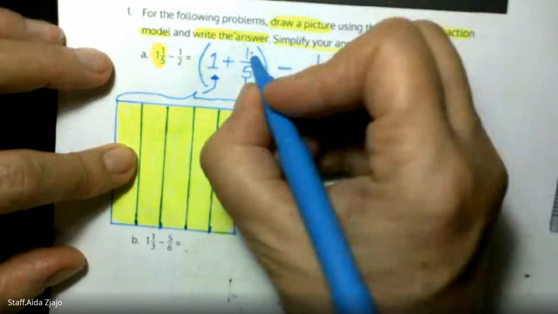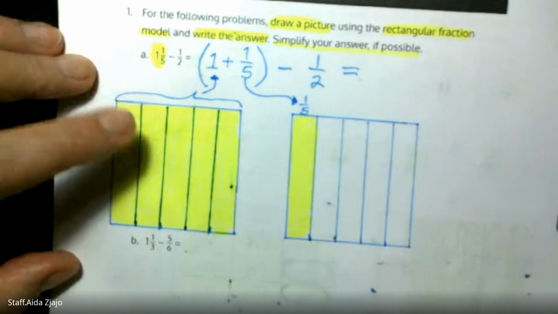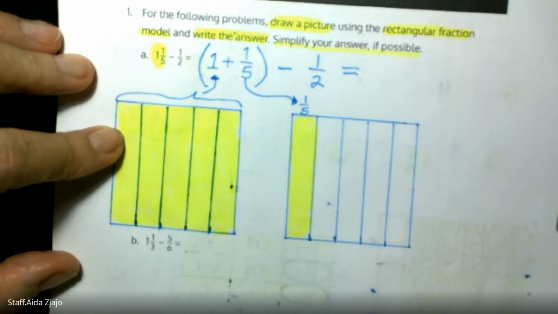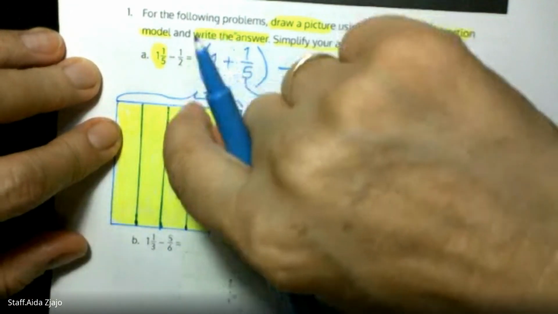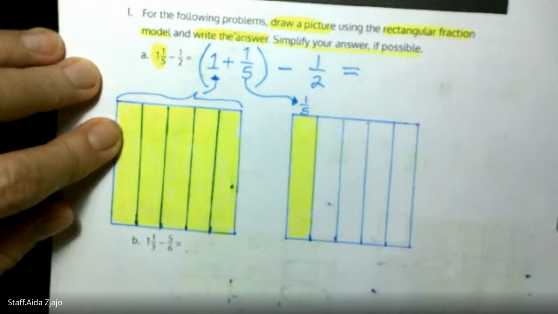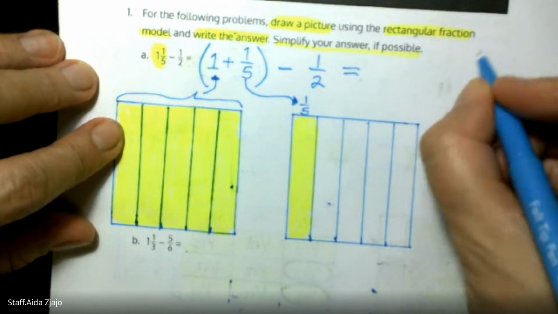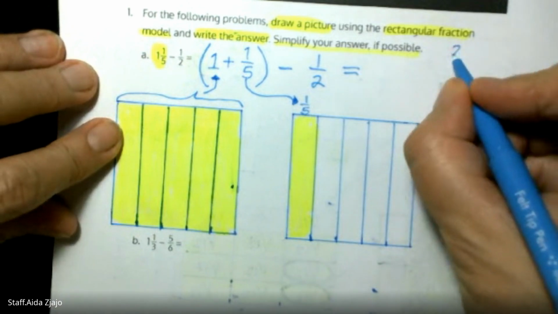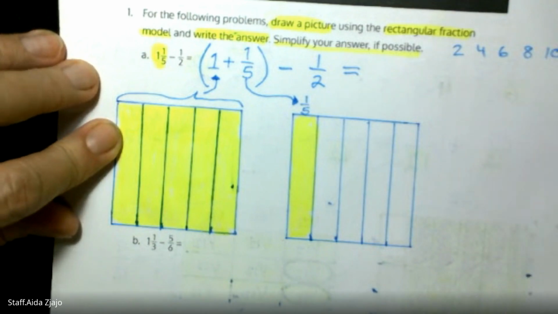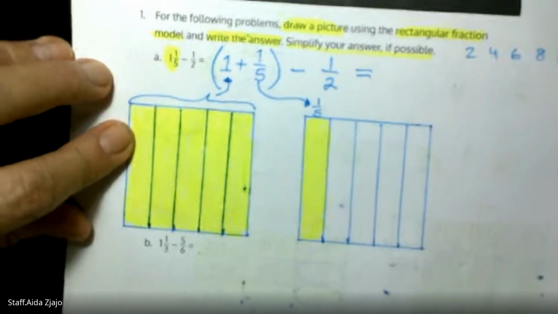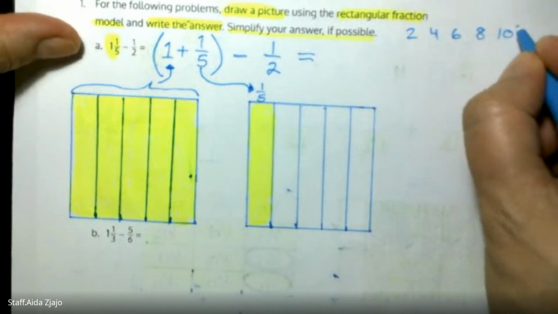So now I need to figure out how much is a half of the whole. I can think about this as 2.5. This is a half, but that does not tell me exactly. So I'm going to think, if I skip count by 2, 2, 4, 6, 8, 10, my pieces could be tenths.